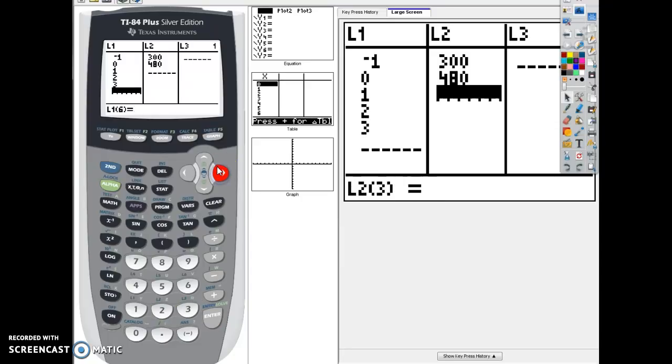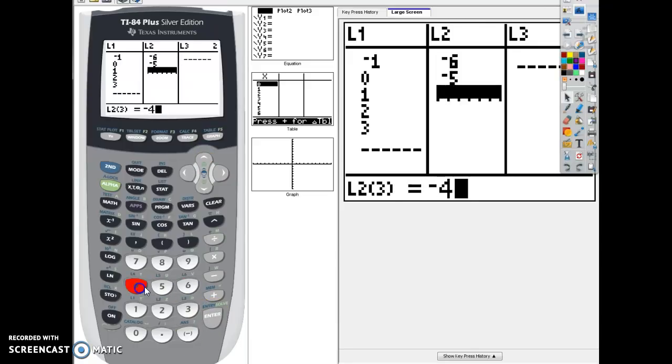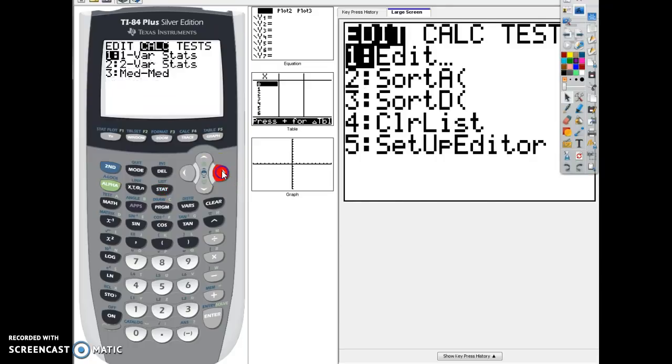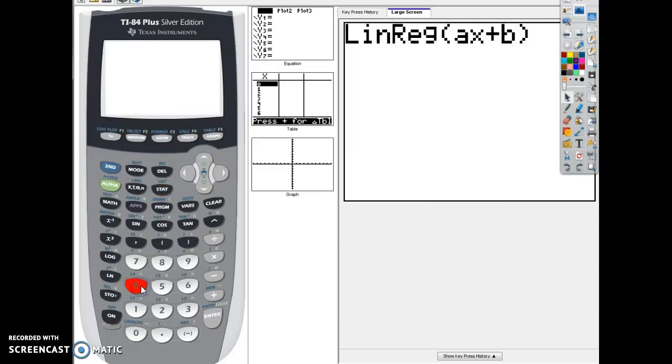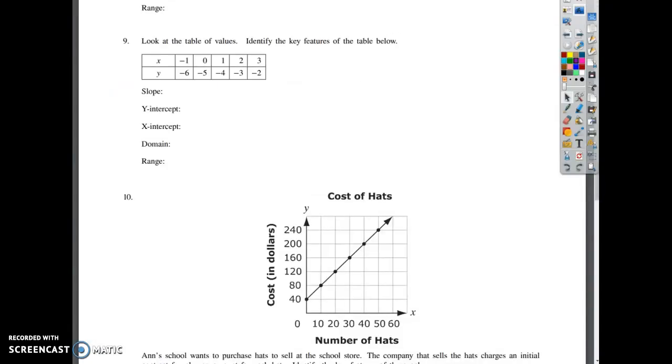And on the other side, you type negative 6, negative 5, negative 4, negative 3, negative 2. Stat, arrow over to calc, 4, enter. Write that down. Your equation's y equals 1x minus 5. So right here, y equals 1x minus 5.